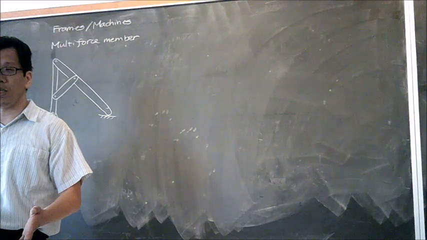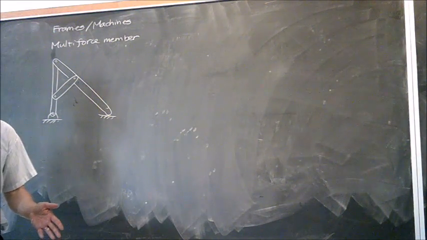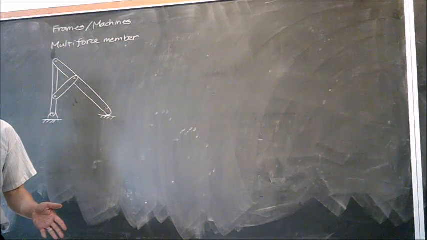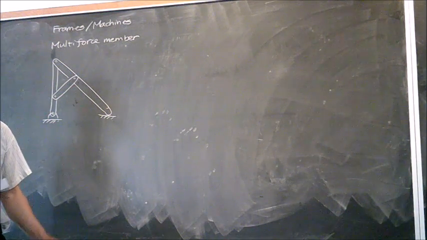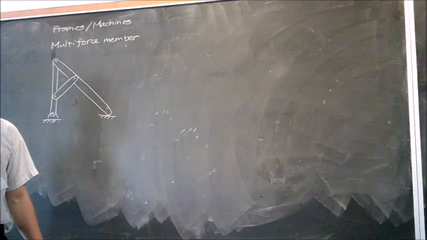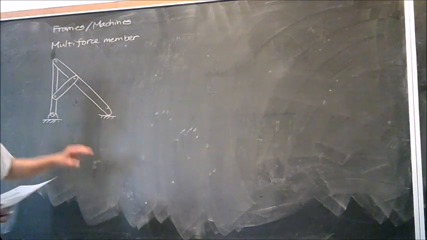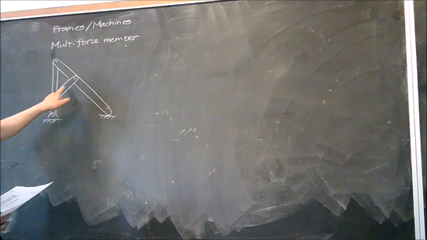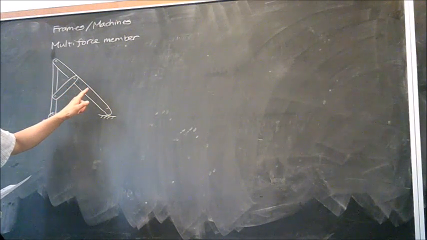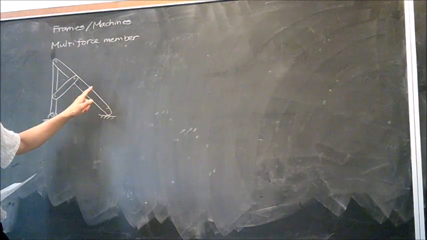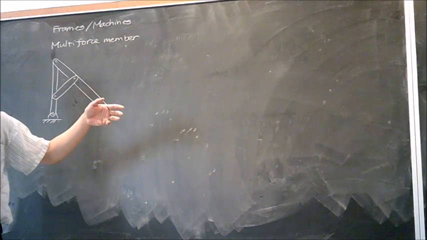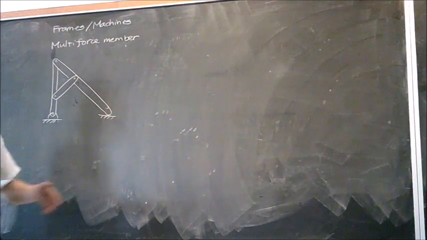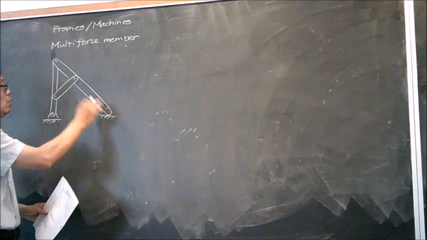A two-force member means you have forces applied at only two points on a single member, right? And when it's a two-force member, it's not moving, it's not rotating. So the two forces, for instance, the two forces located here and here, are going to have the same orientation but opposite direction. You guys still remember that? That's the definition. However, if we have a three-force member over here, we also know the rule.